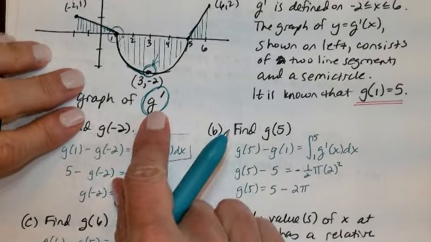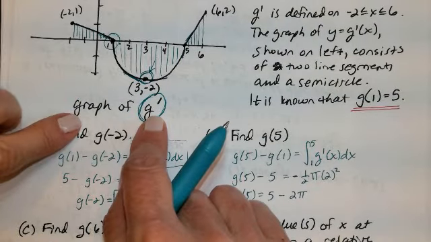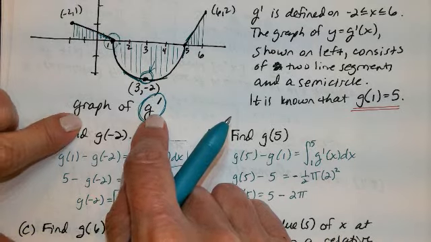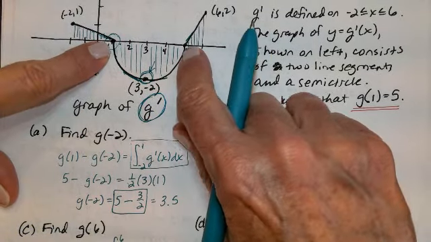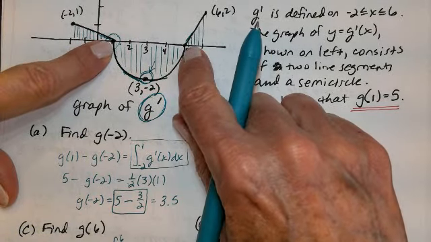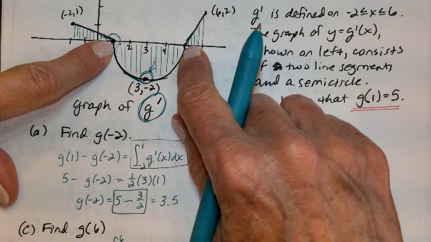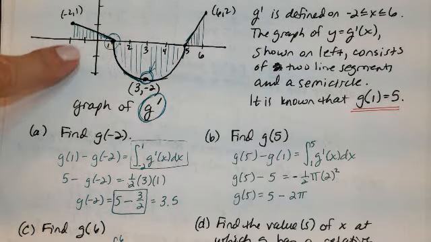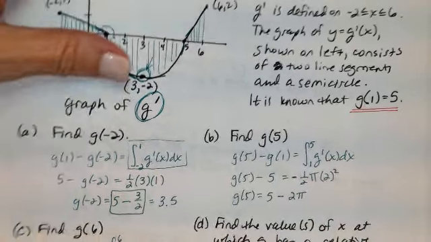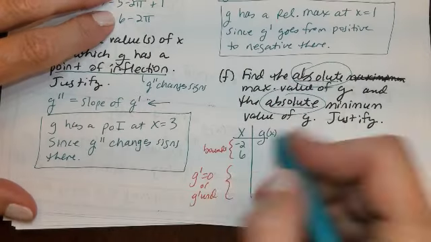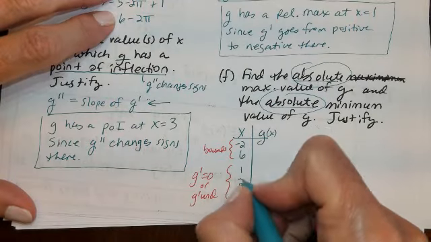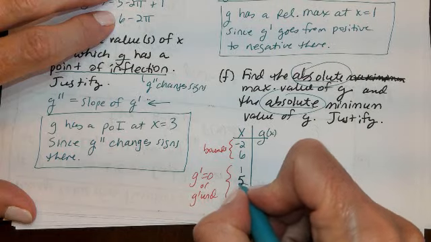This is the graph of G prime, right? What value of X makes G prime 0? Just those two. X equals 1 and X equals 5. That's what makes G prime 0. And G prime is never undefined. So just 1 and 5 need to go on here. Okay?